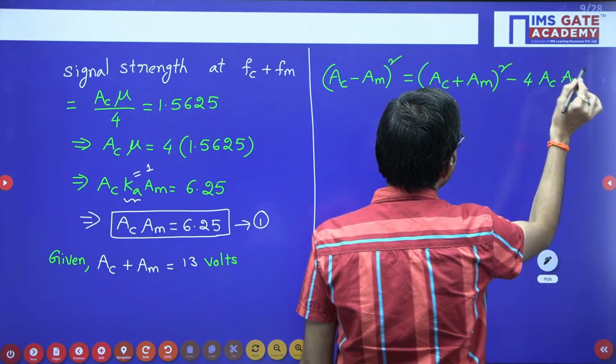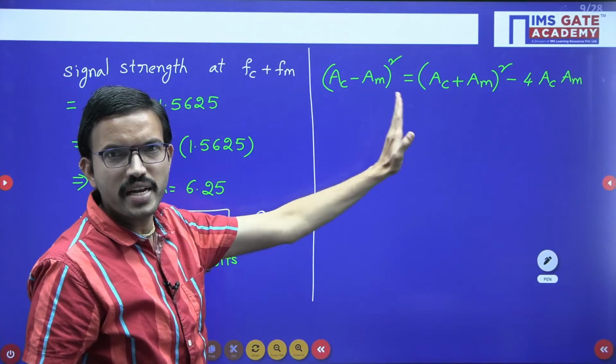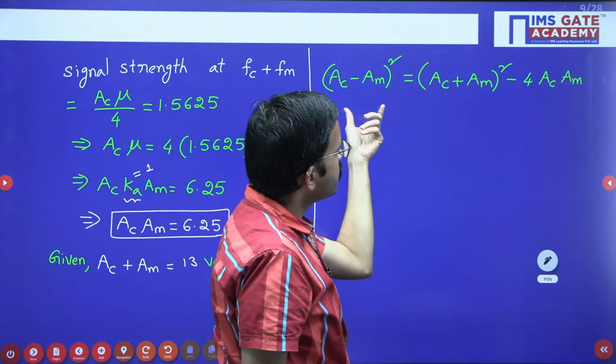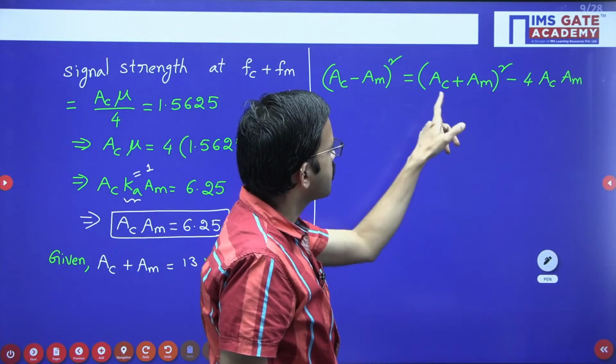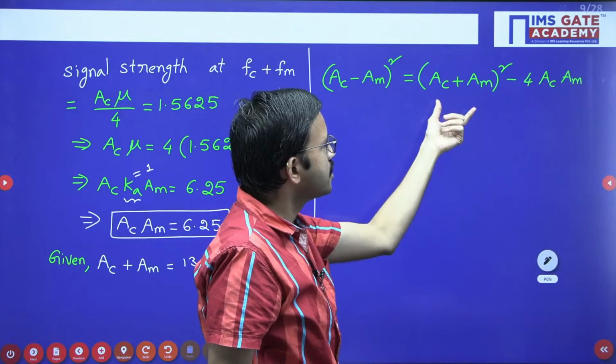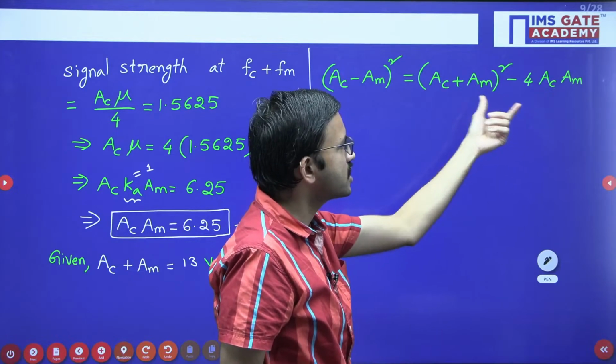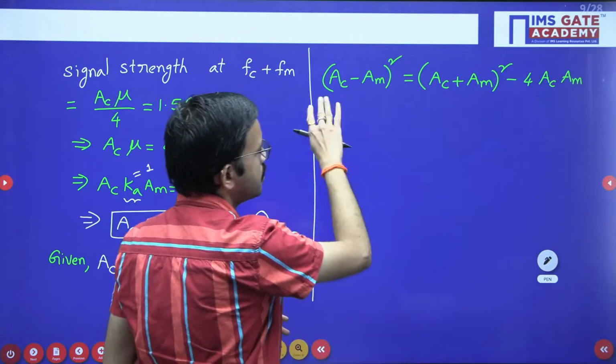You can easily correlate. A minus B whole square is nothing but A square plus B square minus 2AB. Whether you get the same expression or not, let us see. A square plus B square, yes, it is matching. After that you get plus 2 times AB minus 4 times AB. So 2 plus 2 minus 4, that means you get minus 2. Yes, both are matching.